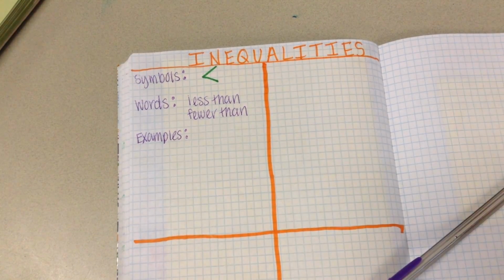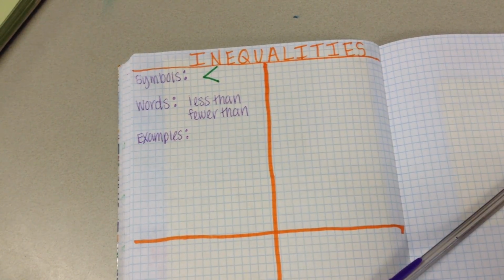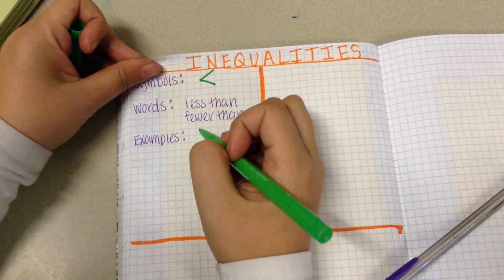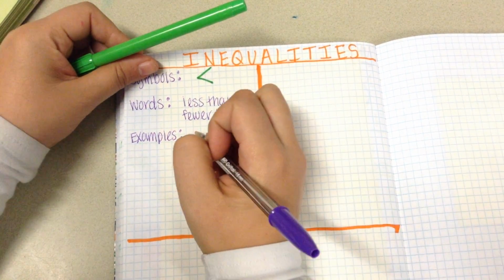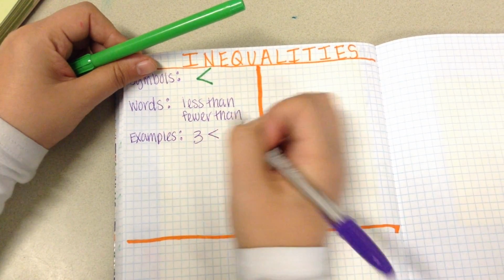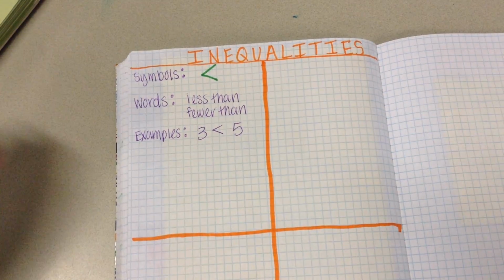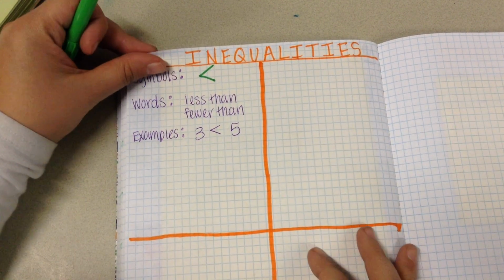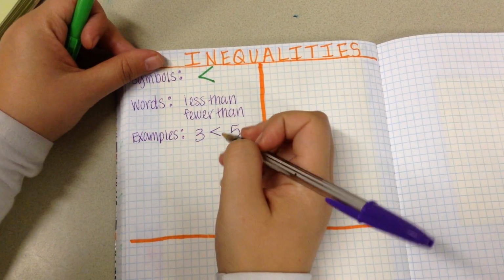So here are some examples. Let's say we have 3 is less than 5. Okay? 3 is less than 5. Now you can also have something that looks like this.